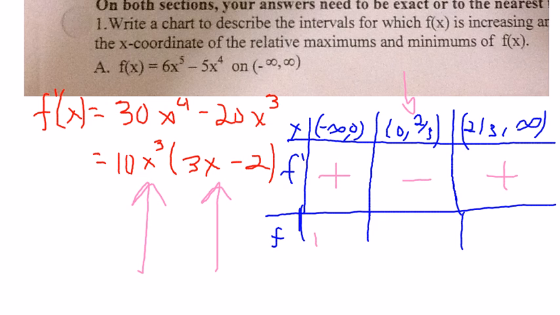I know that f is increasing when f prime is positive. I know that when f prime is negative, f is decreasing, and I know that it is increasing here. And remember, that wouldn't count as justification on an AP test, but for this particular test, this question is asking you for a chart that summarizes this stuff, so that's okay.